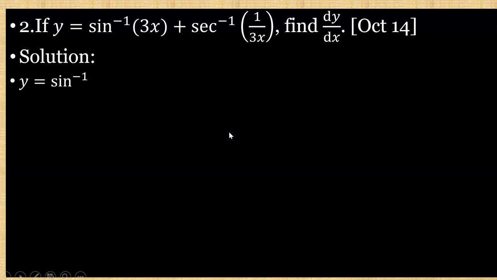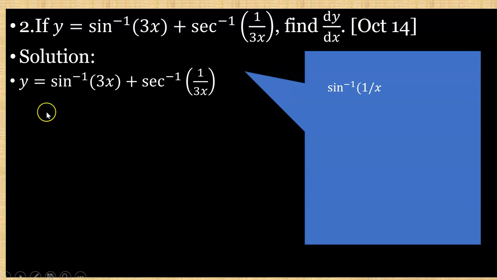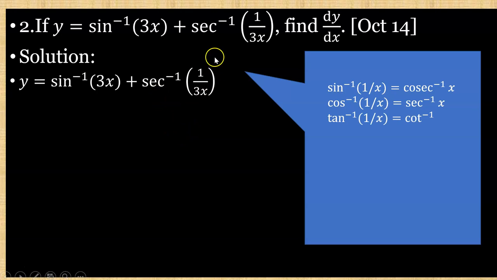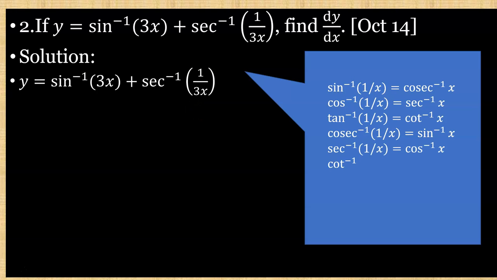Now the solution. Y is equal to sine inverse of 3x plus sec inverse of 1 upon 3x. Now we will convert this sec inverse of 1 upon 3x to the cos inverse of 3x.